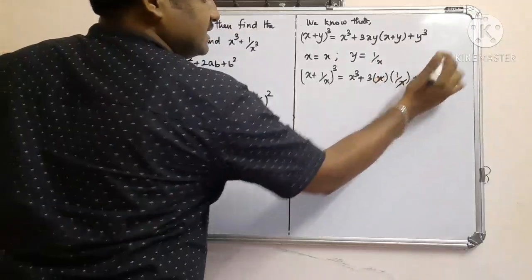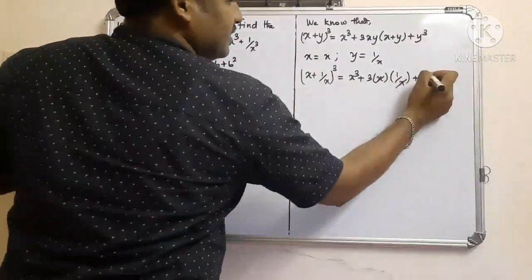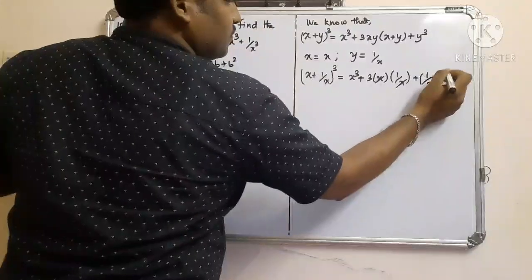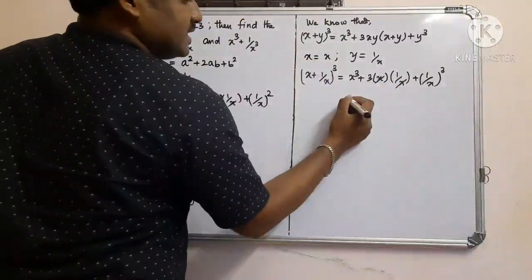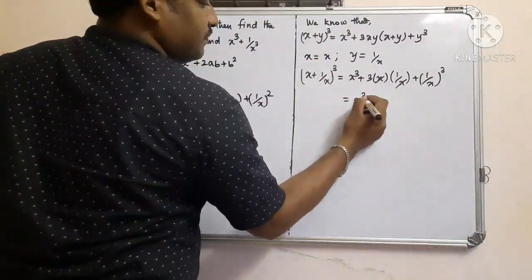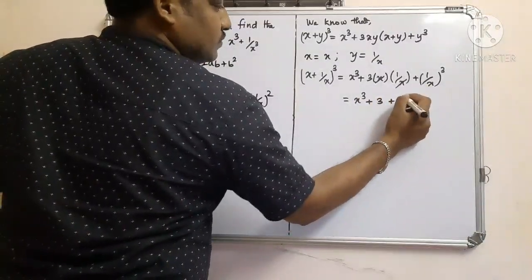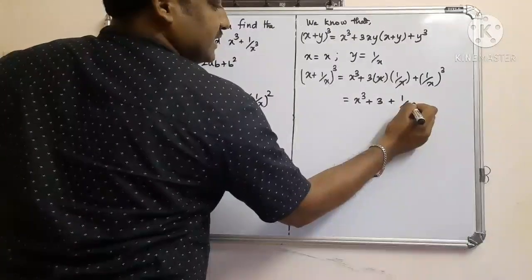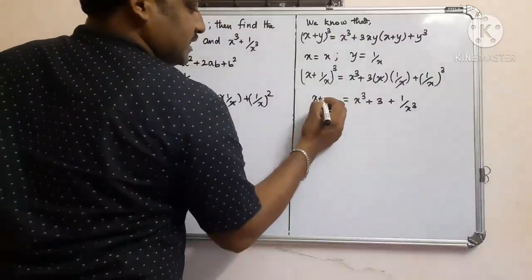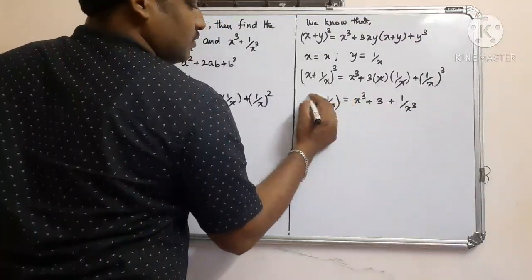So y cube is (1 by x) the whole cube, so x will be cancelled, which is equal to x cube plus 3 plus 1 cube is 1, x cube is x cube. So here (x plus 1 by x) the whole cube.